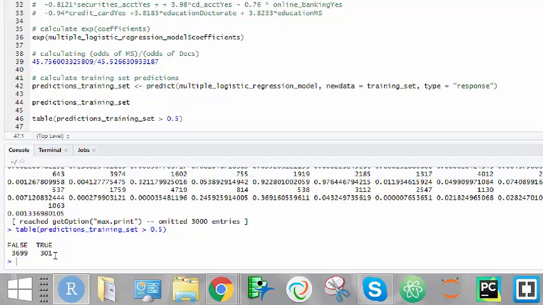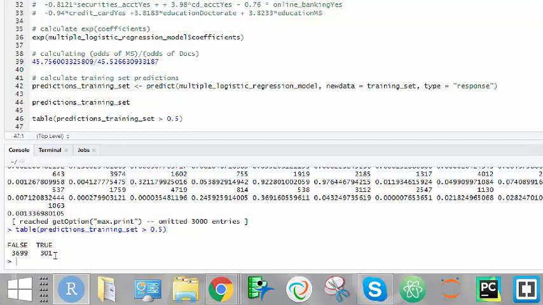When it says true, that's my ones, anything above 0.5. If it's false, it's less than my cutoff 0.5, that's a 0. And by the way, do these numbers add up to 4,000? Yes, Professor, they do. Okay, good. So this is right.